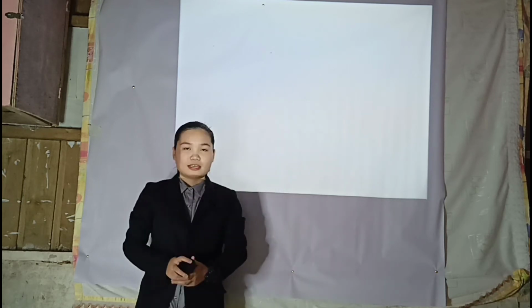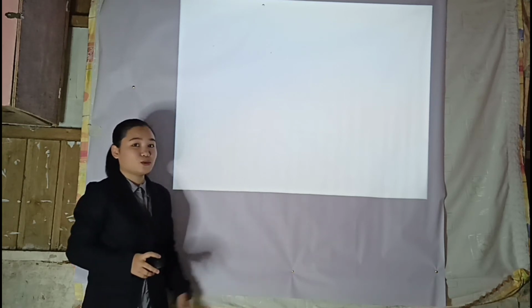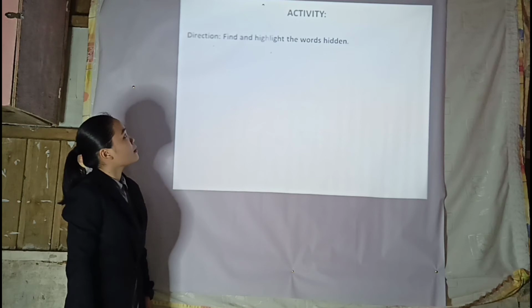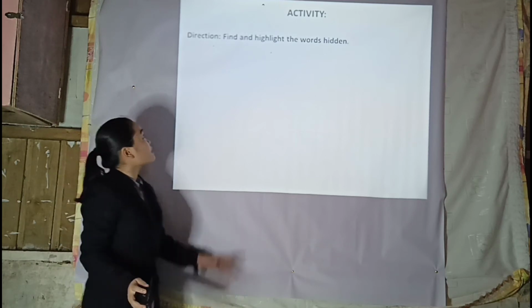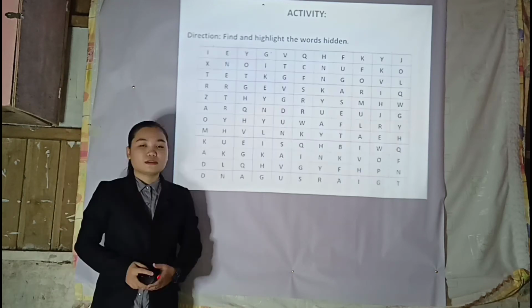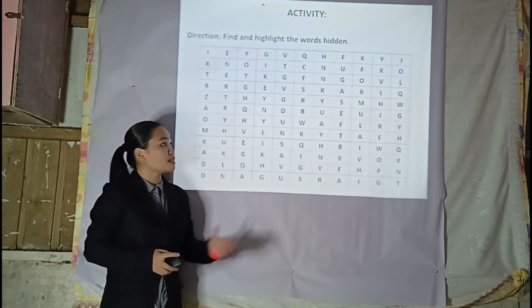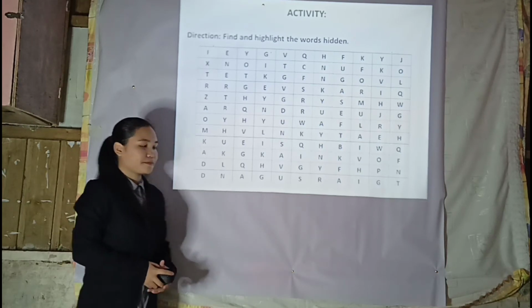Okay. Since it is our first meeting, we will have an activity before we proceed to our proper discussion. So, our activity, direction: find and highlight the words hidden. I will give you 3 minutes to answer this activity, and after that, we will check.